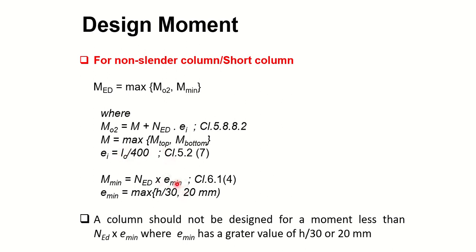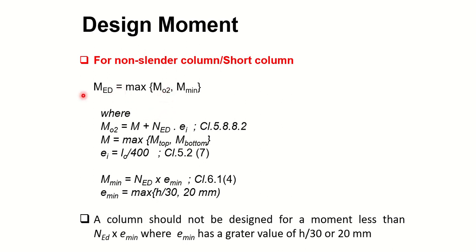Now for E minimum, it is the maximum between H, the thickness of the shear wall, divided by 30, or 20 mm, whichever is greater. Once we have calculated the M minimum, we compare with the M02, and whichever is the higher value will be our MED.